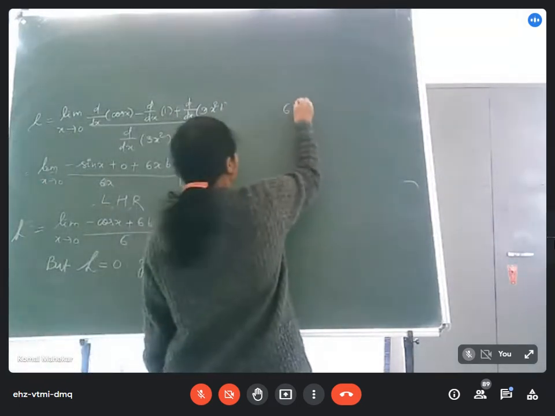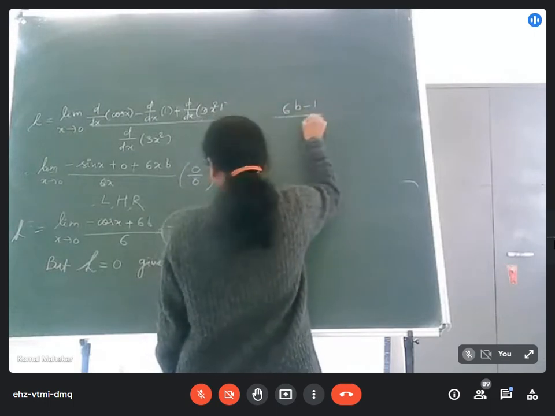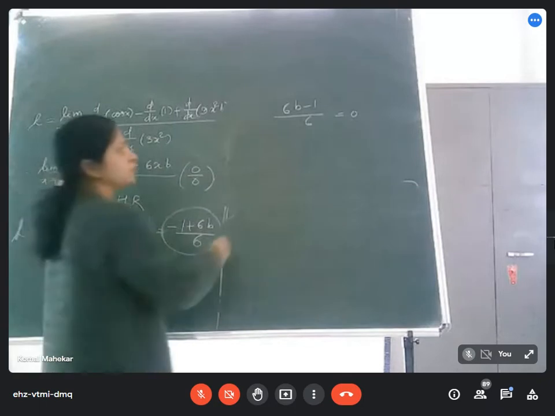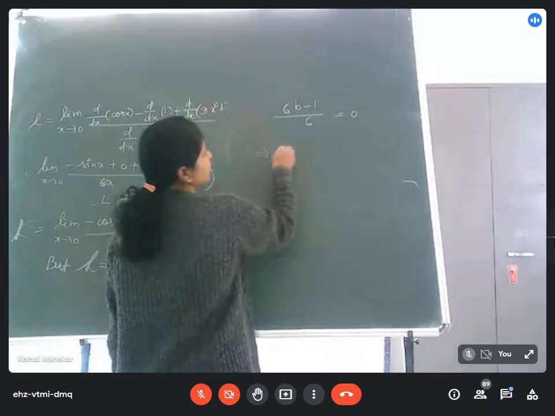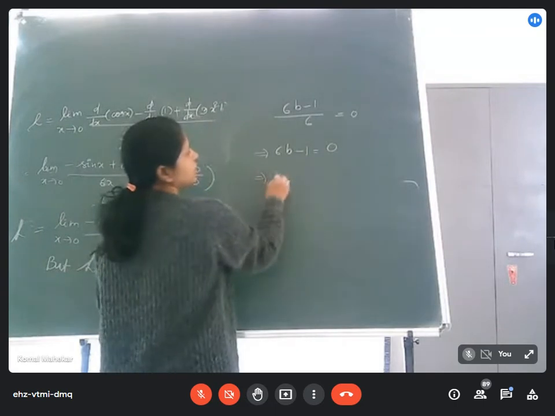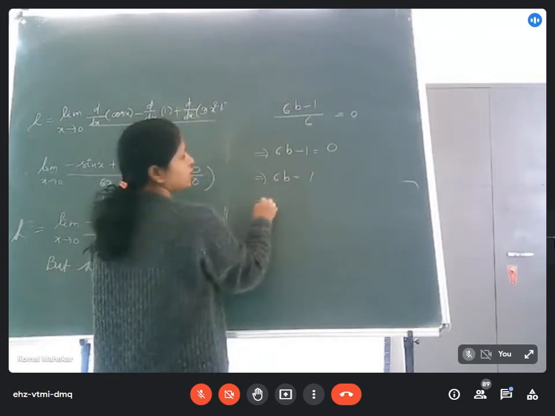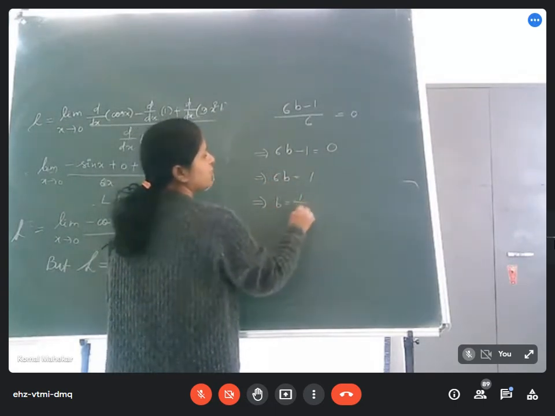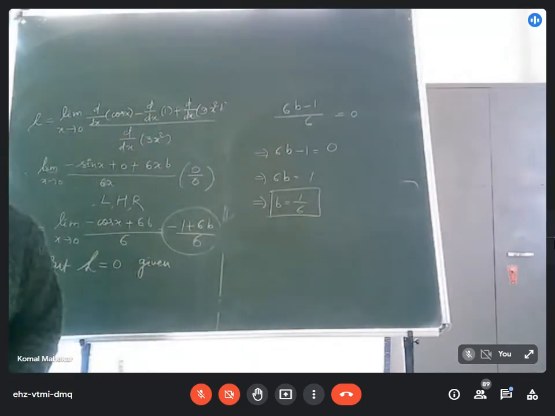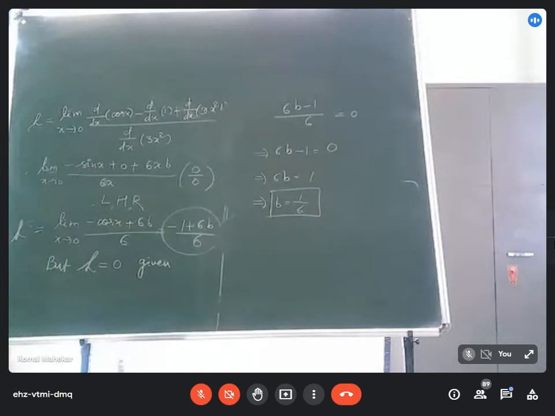So 6b minus 1 upon 6 is equal to 0, so 6b minus 1 is equal to 0 into 6, that is 0. 6b is equal to 1, which implies b is equal to 1 by 6. So this is the value of the second constant, b is equal to 1 by 6.